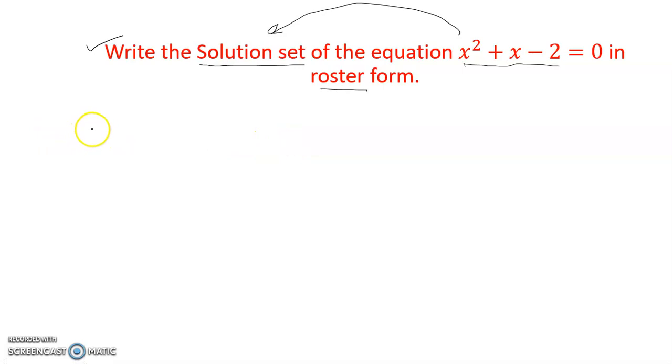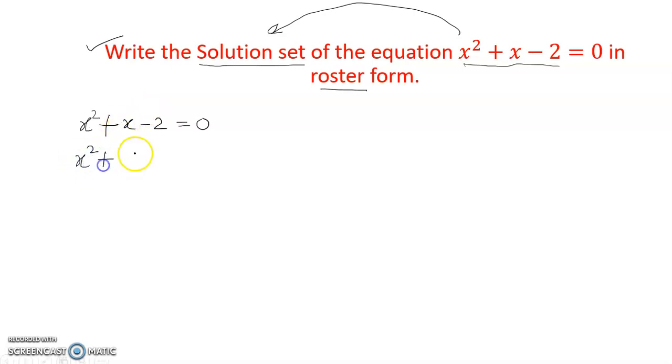So let us solve the equation first, which I think algebraically is very easy. You have this equation x square plus x minus 2 is equal to 0. You can use the simple factor method, that means factorizing 2 in such a way that their difference is going to come out to be 1, because the coefficient of x is 1.